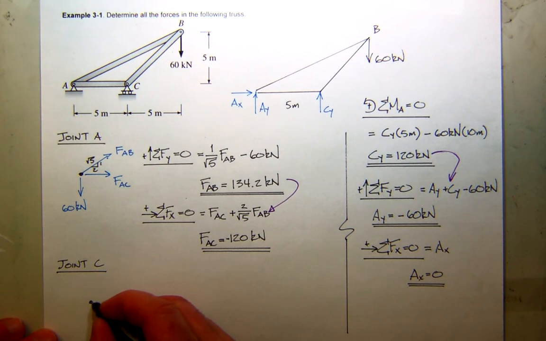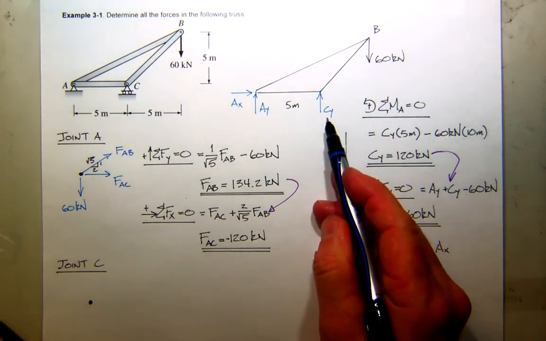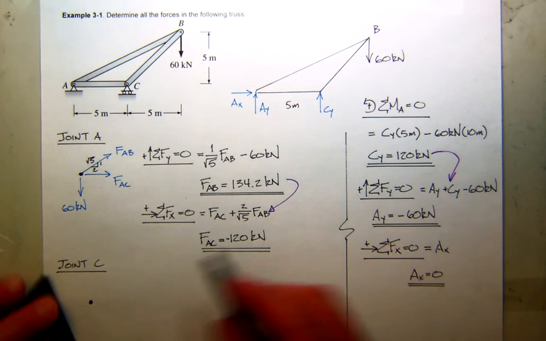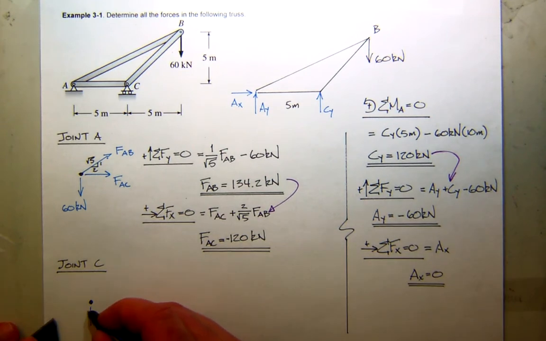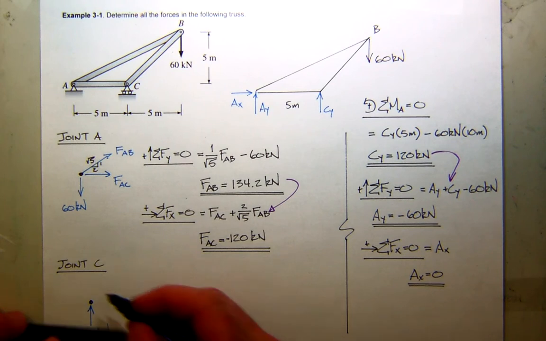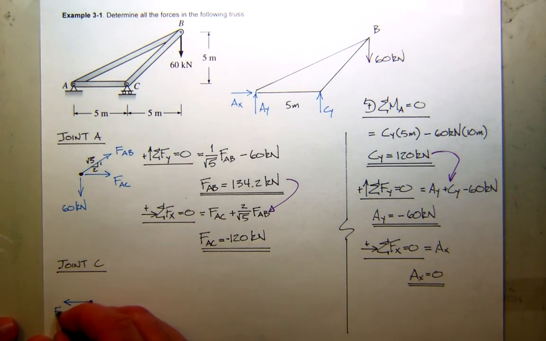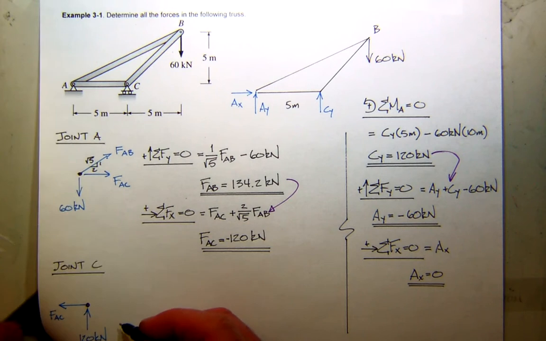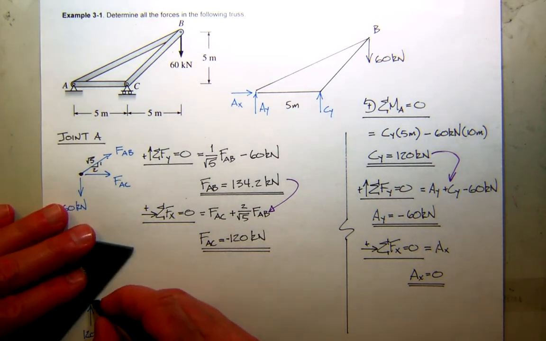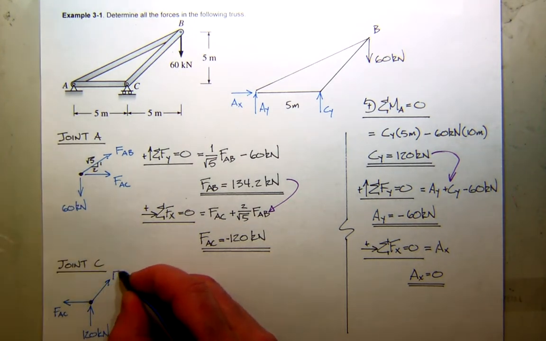So there's my free body diagram for C. Now what do I know at C? I solved for CY, and it was 120, and it was acting up. So there's my 120 kilonewtons acting up. And of course I have my force in AC, and I have this other force I don't know, which is in BC.